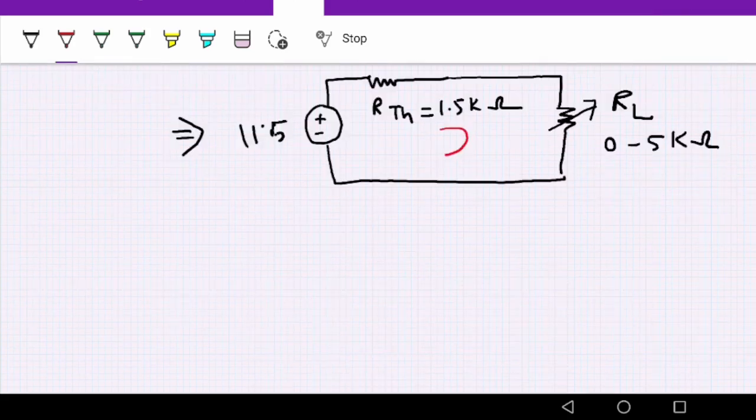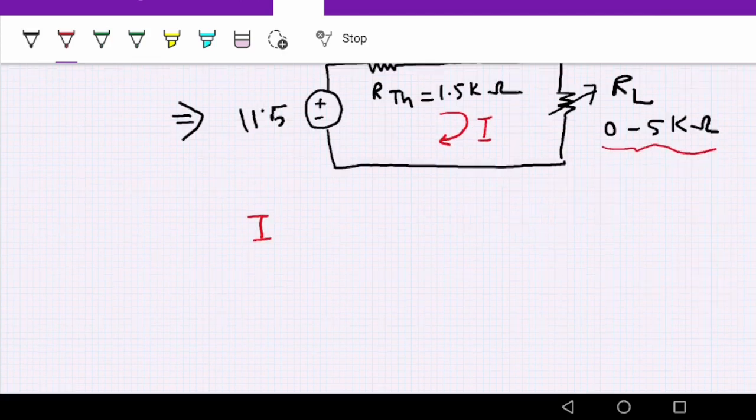Now let's calculate the current flowing through the circuit for various load resistances. The expression for I, applying Ohm's law again, is VTH divided by RTH plus RL. We'll substitute various values for RL, the load resistance.